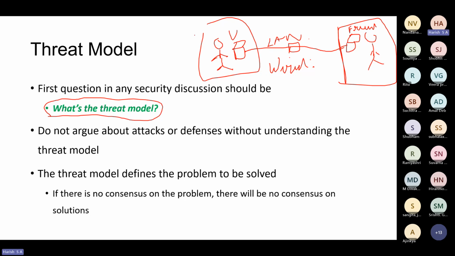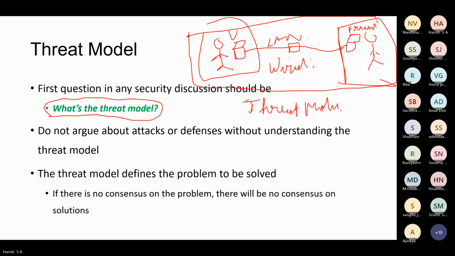Now, if you look at the threat model here, this scenario contains threats that are associated with attacks that could happen on a local area network.